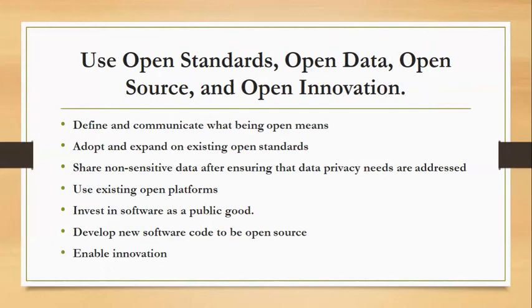Develop new software code to be open source, which anyone can view, copy, modify, and share, and distribute the code in public repositories. Enable innovation by sharing freely without restrictions, collaborating wildly, and co-creating tools when it makes sense in your context.